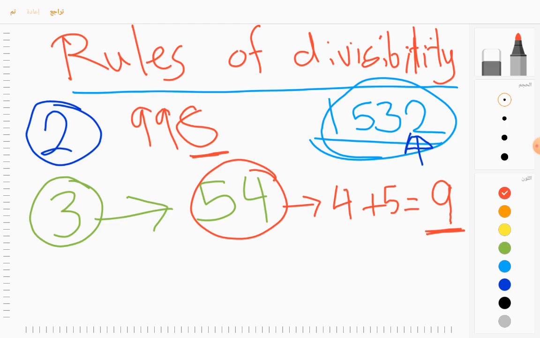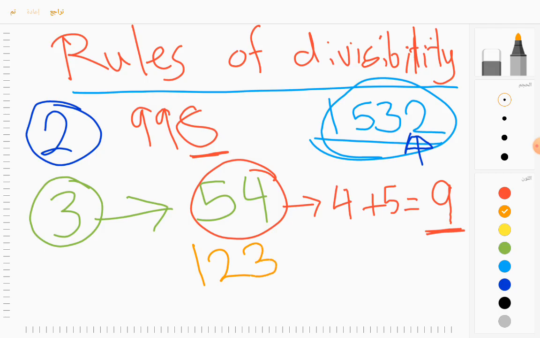What does that mean? I have here 4 plus 5 equals 9. So 9 is a result in table 3. So 54 is divisible by 3. Let's take another example. 123.